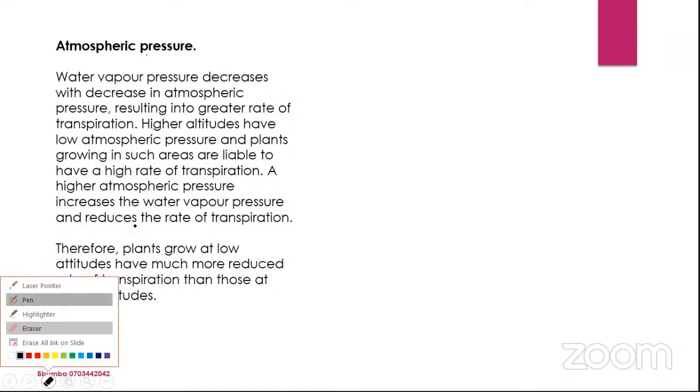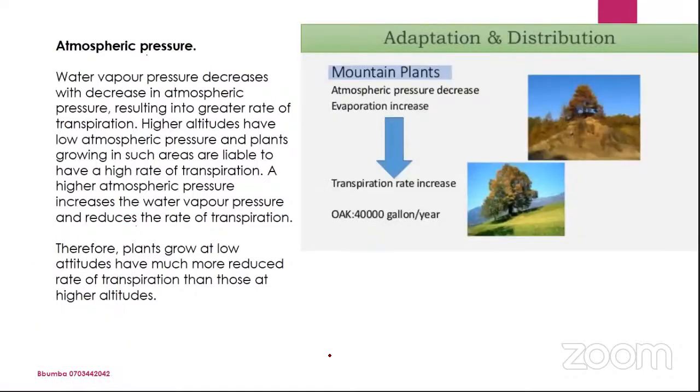Someone in a lowland is going to be experiencing more pressure. Someone up a mountain is going to be experiencing less pressure because less air is above you. That's what we call atmospheric pressure, which is due to the air pressing against us. So atmospheric pressure decreases in the mountain areas.